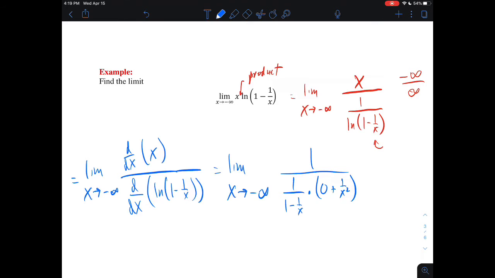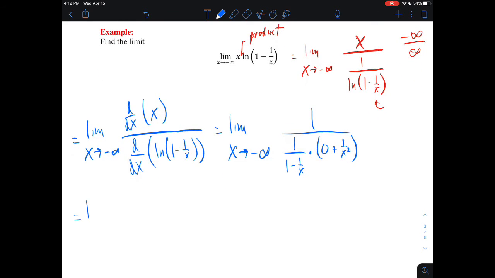So then simplifying what I have, limit as x approaches negative infinity. I still have just 1 in the numerator, but I've got 1 over x squared divided by 1 minus 1 over x in the denominator. And I should simplify that. This is now starting to get pretty complicated. I've got a complex fraction because I have this fraction 1 over x squared divided by 1 minus 1 over x in the denominator. Let's go ahead and just reciprocate that.